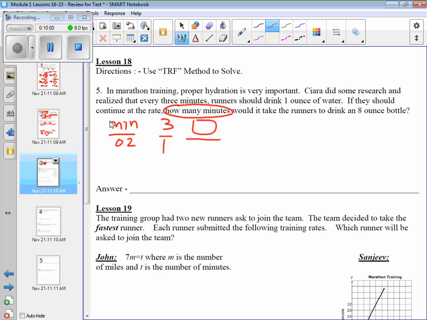To drink 8 ounces. Multiplication factor of 8. And that's going to be 24 ounces of water. I'm sorry, 24 minutes for 8 ounces of water.